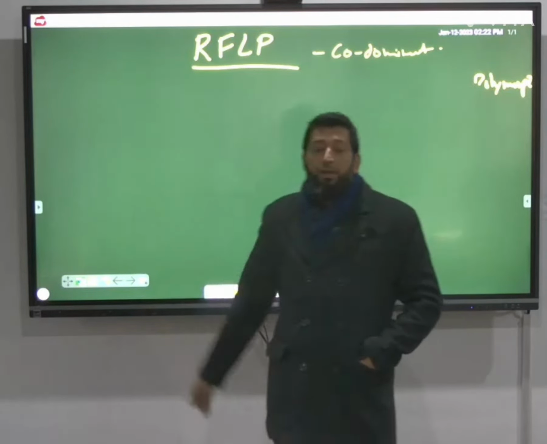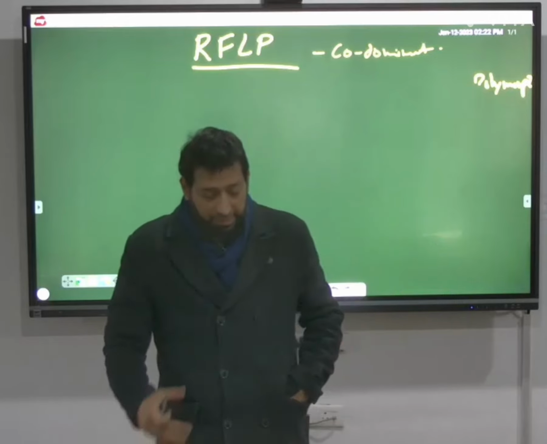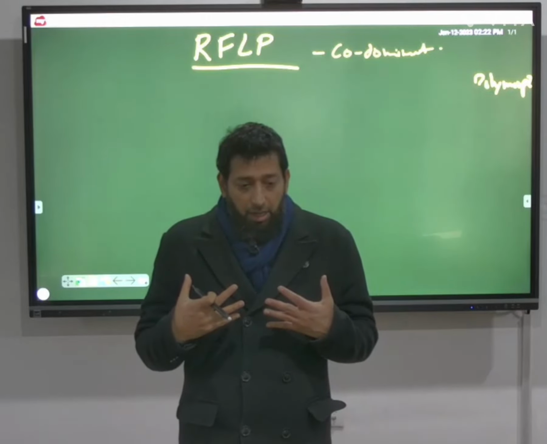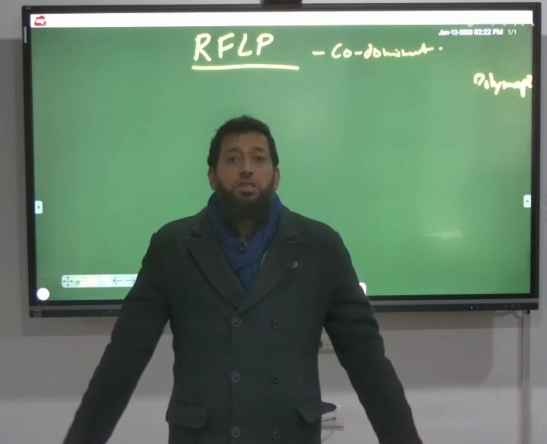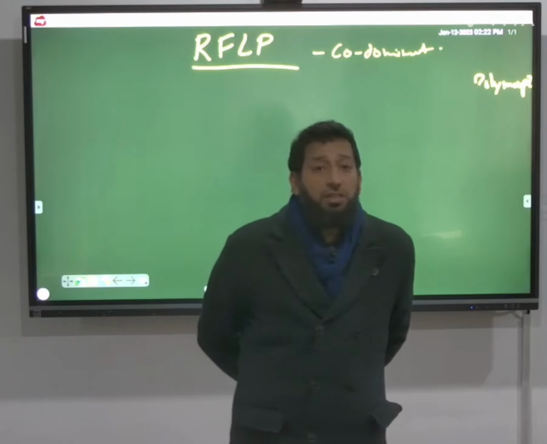So the principle behind restriction fragment length polymorphism lies in the restriction sequences or recognition sequences of a restriction enzyme.